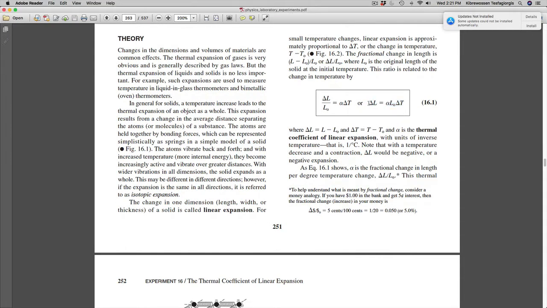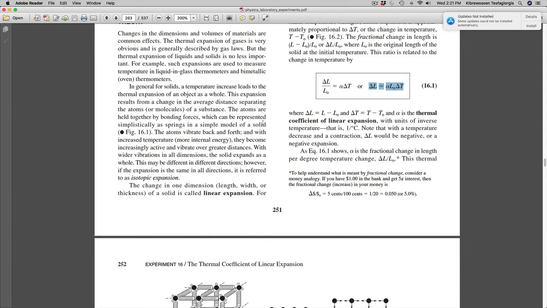The expansion of a certain linear object, mostly a rod or a wire that has a very small diameter, can be calculated using delta L, because we are assuming that whenever you warm up a wire or increase its temperature, it expands just linearly. That means it only expands in one direction. It may expand in all directions, but it expands more in the lengthwise direction.